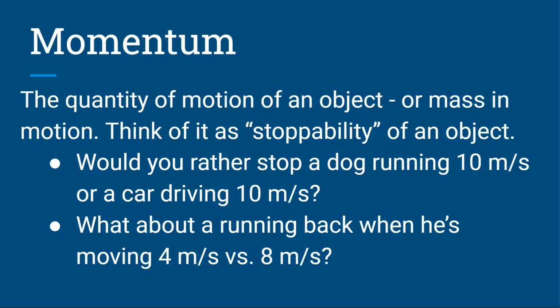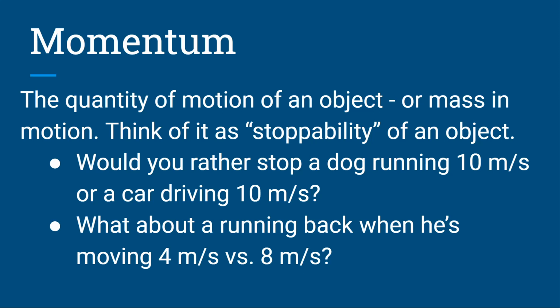We looked at a bunch of different things when we did that lab. But we ultimately looked at the stoppability of the object to try to get a better idea of what momentum means. But you can also think about these questions that I have on my screen to get a better idea of what it means to have quantity of mass in motion or quantity of motion of an object.